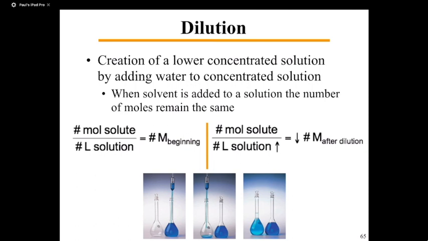Now, what functionally is this important to? Okay, when you are working in lab, you use mainly, let's say, very dilute concentrations of acid. That means a little bit of acid and a lot of water. But when we buy it from the company, we don't buy a very dilute solution, okay?